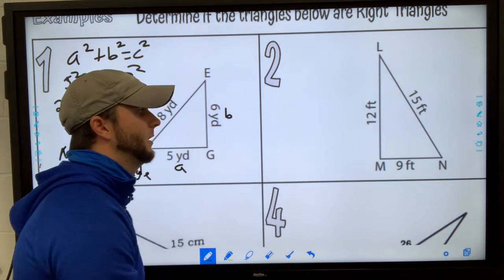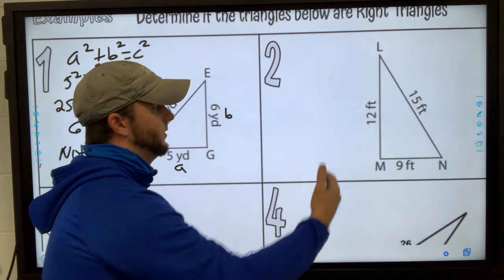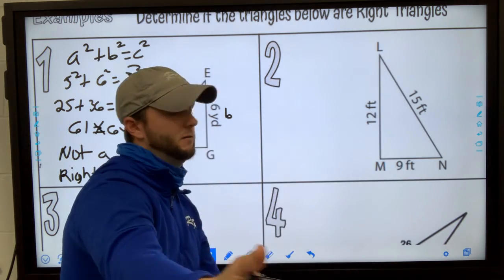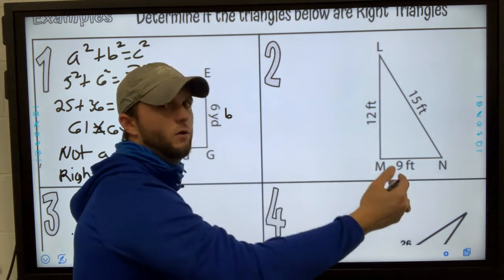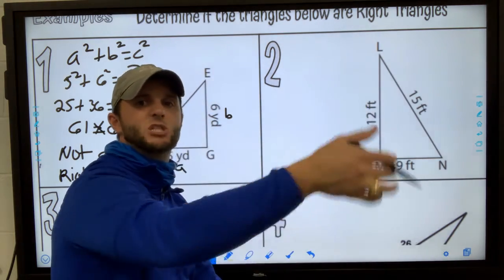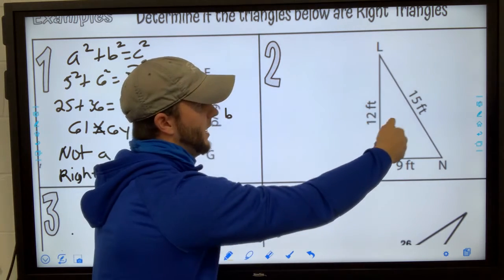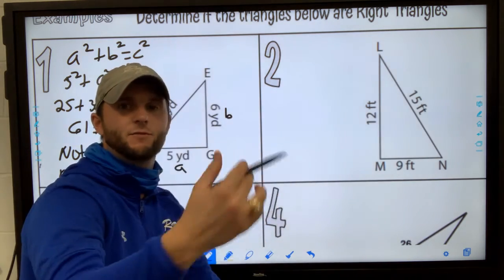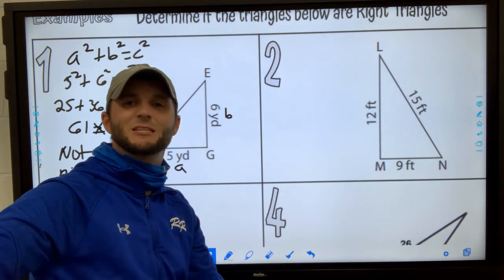So, 3, 4, 5. The lowest number is 9. Well, 3 times 3 is 9. The second number is 12. Well, 3 times 4 is 12. And the biggest number here is 15. Well, 5 times 3 is 15.